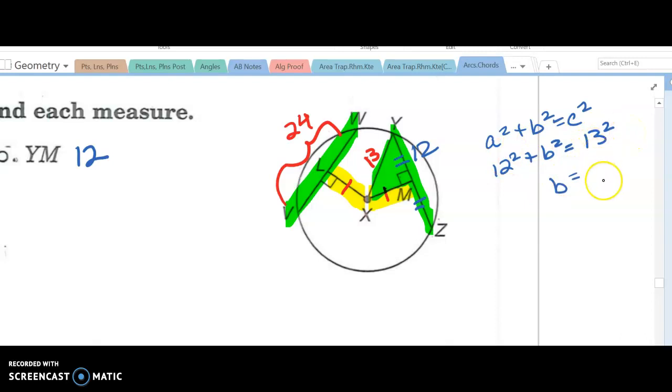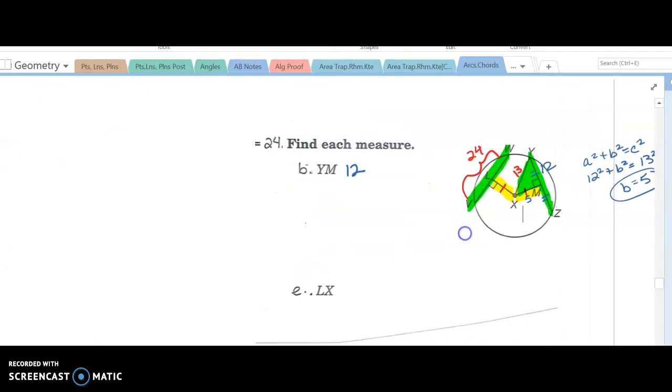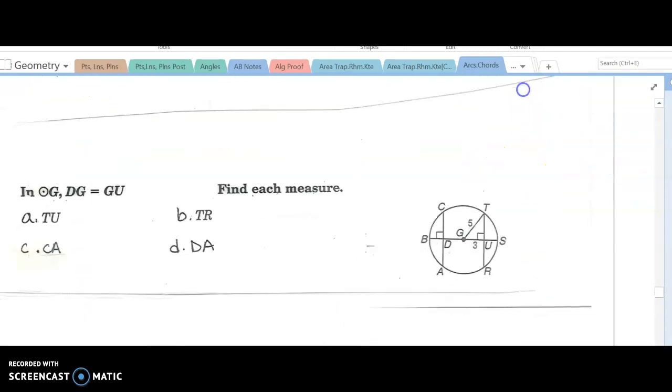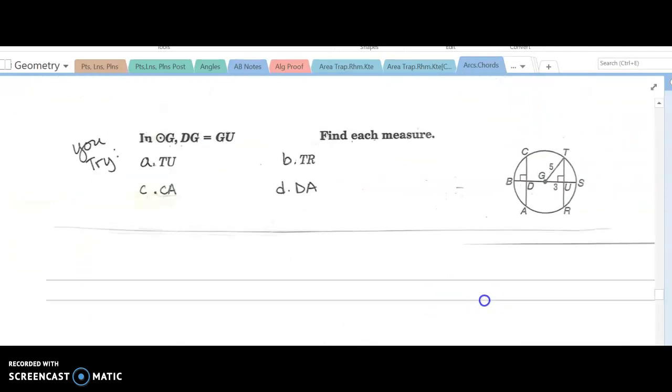Remember, 13 has to go in the c spot because it's the hypotenuse, and b comes out to be 5 because it's a triple. It's a 5, 12, 13. So that tells me that MX is 5, in which case LX is also 5 because those two segments are congruent. And then from L to V is going to be half of 24. So it's 12. All right, so pause the video and you try.